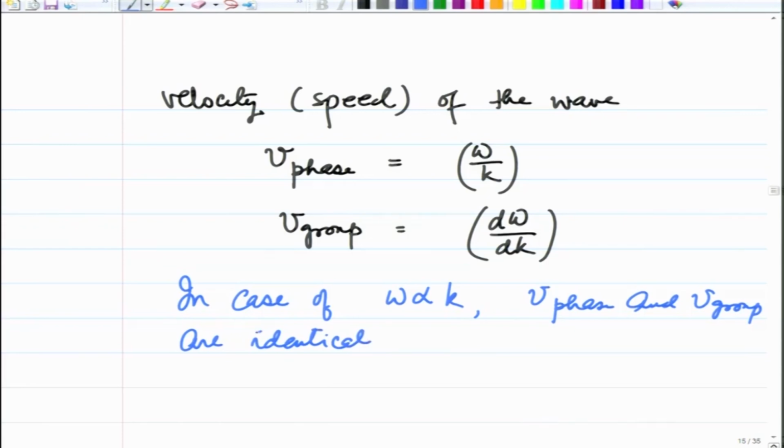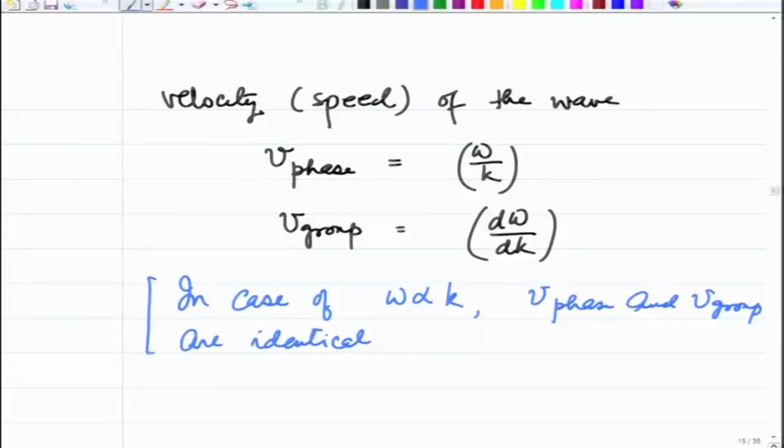This is known as linear dispersion or a dispersionless medium, in which case there is no dispersion. When I speak to you, the speed of sound is the same irrespective of the frequency, and therefore you do not hear any distorted sound. Suppose omega is equal to some constant, let us call it V, times k.